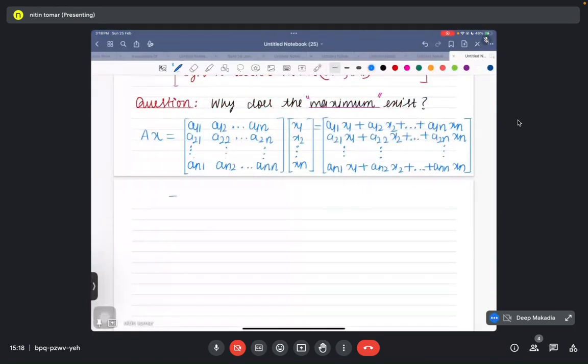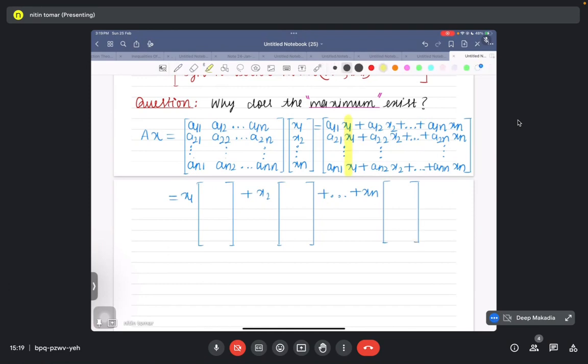Now, can I write them as a linear combination of x1 times something, plus x2 times something? This is easy to see, right? Here everything is in x1. Next, everything here is in x2.